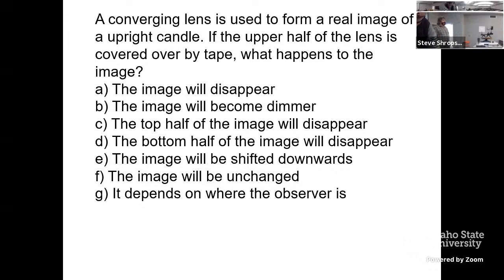I'm hoping that you've had a chance to think about this a little bit. Does anybody have any additional thoughts beyond what was discussed yesterday? Or any thoughts to share on whether B, C, or D is correct?